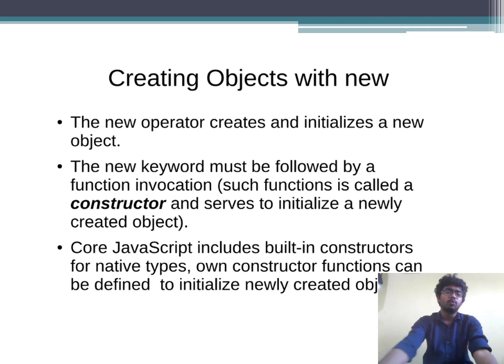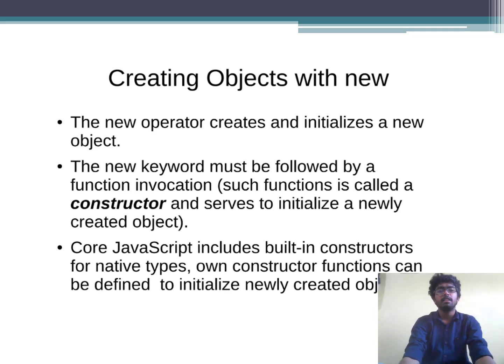Creating objects with new. The new operator creates and initializes a new object. The new keyword must be followed by a function invocation. Such a function is called a constructor and serves to initialize a newly created object.